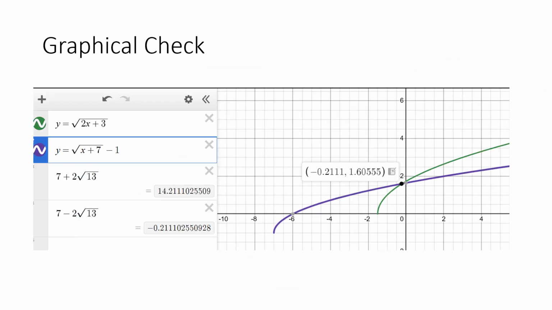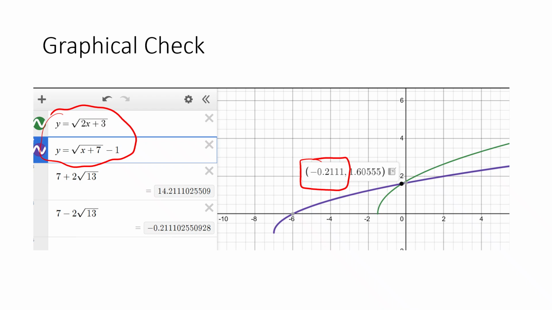But here's what the graphical check looks like. We've got the original equation there with the left and the right. And you can see that there is 1 point of intersection, and that is at negative 0.2111111 and so forth. Now, the problem is we don't know which of those answers it is.